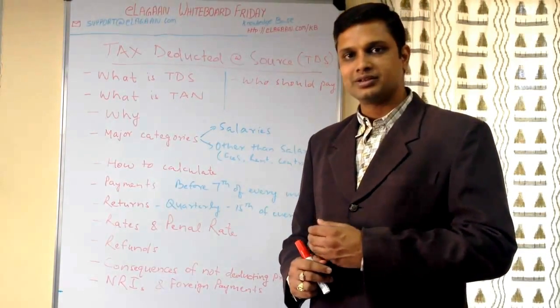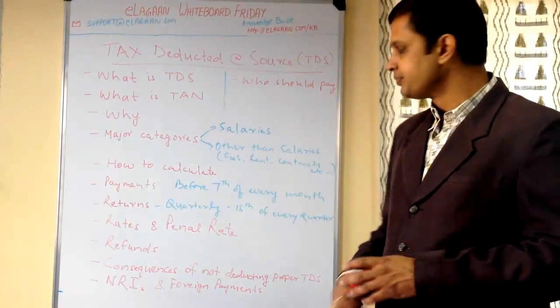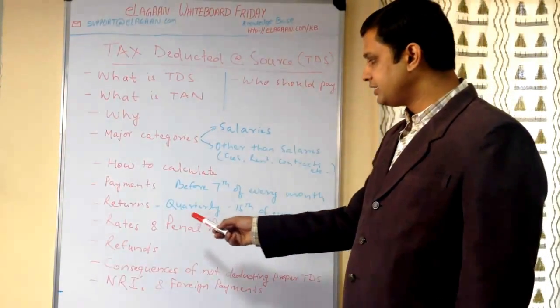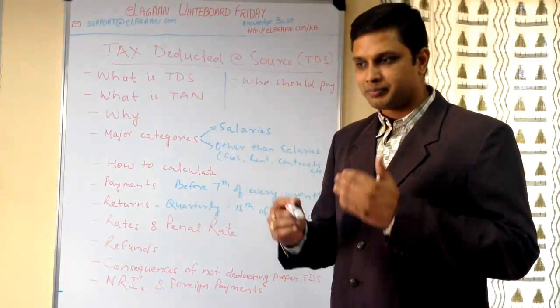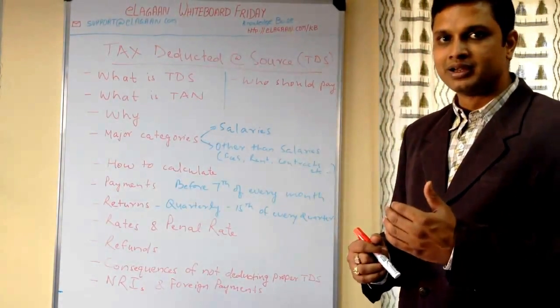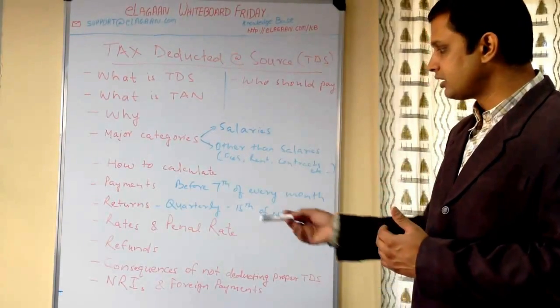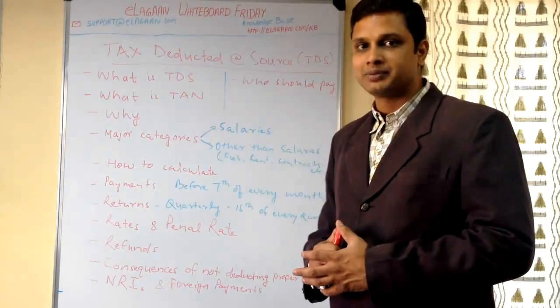In most of the cases, the penal rate is defined at a much higher 20% flat. Typically, TDS rates vary from 1% to 10%. But if the person to whom you are making a payment, or a company, does not have a PAN card, then you have to deduct TDS at 20% rate.